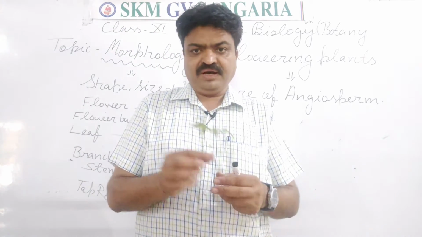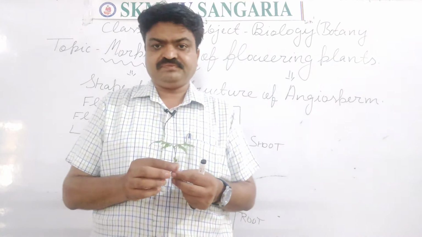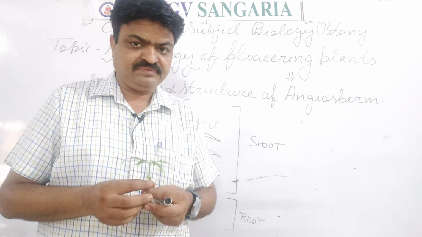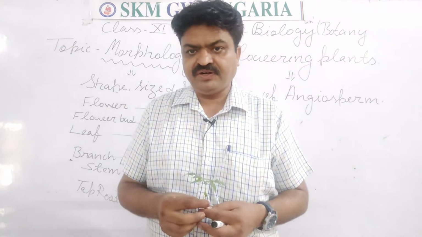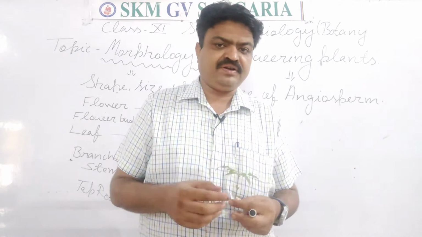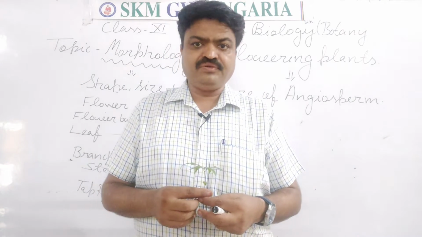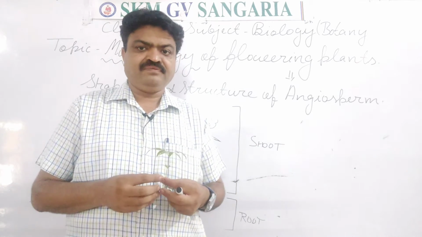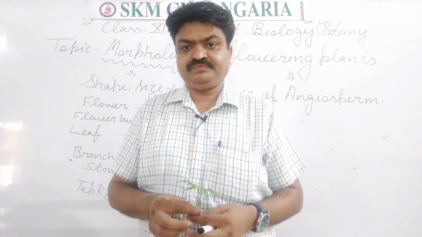Now these plants have flowers, like the neem plant has white color flowers. After those flowers have fertilization, we get the fruit, and the fruits have the seed, students. According to the seed there are two types, monocot and dicot.